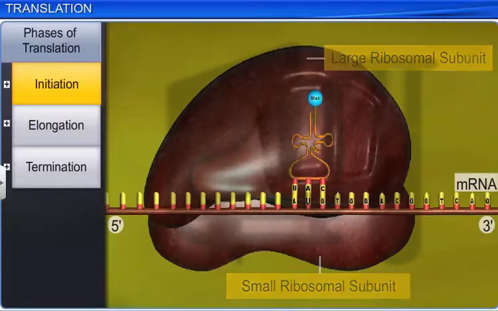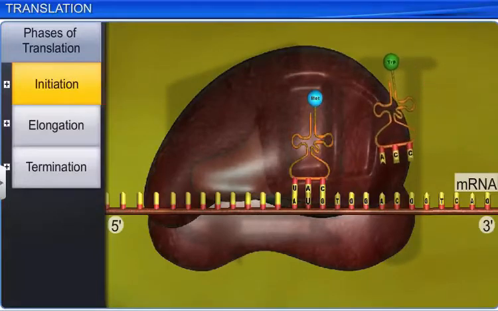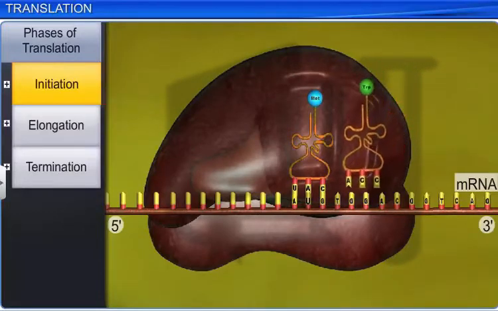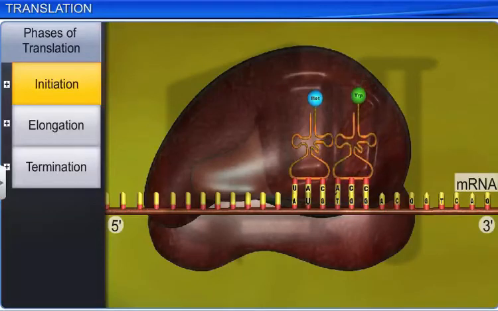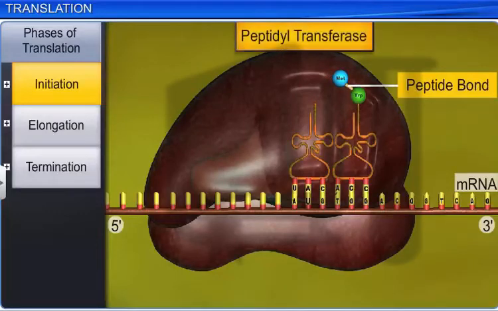Another amino acyl tRNA now binds to the A site of the large ribosomal subunit, and the first peptide bond is formed between these amino acids. The peptide bond formation is catalyzed by the peptidyl transferase enzyme.